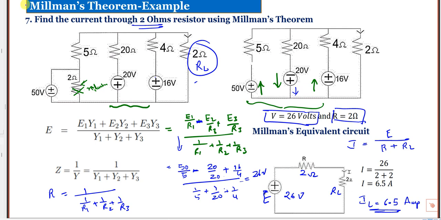If you properly practice these 5 or 6 problems of the same type, you will only make a mistake in one part: many students forget and write 1 by R1 plus 1 by R2 plus 1 by R3 for R, without taking the reciprocal of that. So don't make any mistake in finding this R, and you can easily get 8 marks. Thank you.